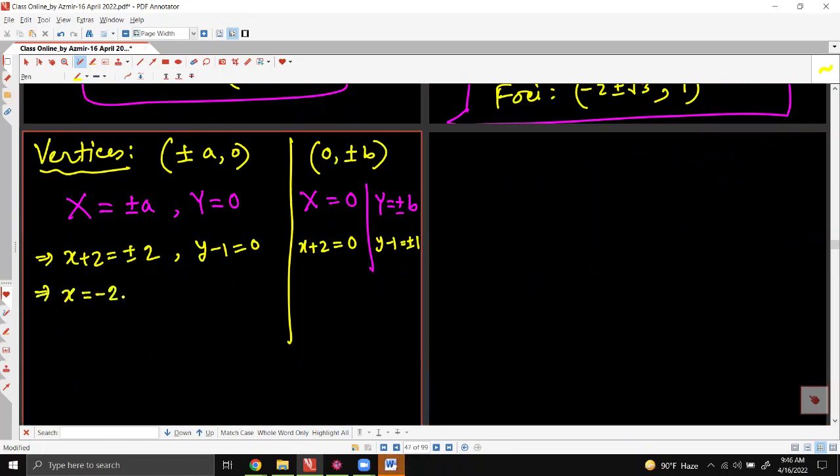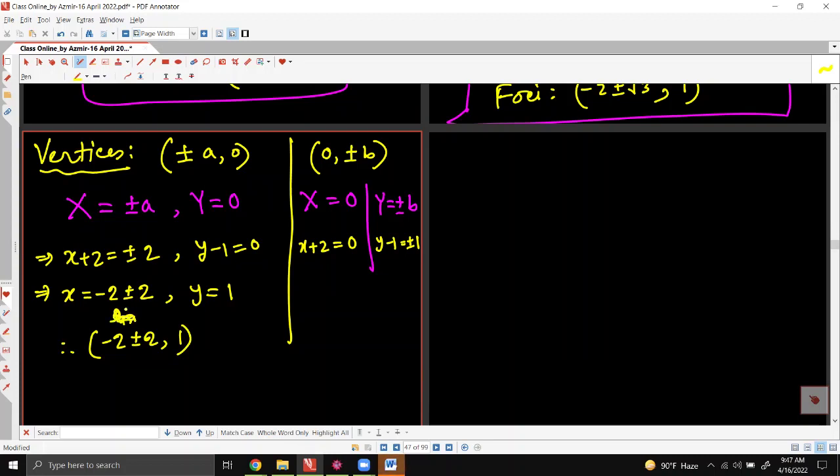X equals minus 2 plus minus 2, comma y equals 1. So if we take these points, we will have minus 2 plus minus 2, comma 1. That means if we take plus, it will be 0, 1. And if we take minus, we will get minus 4, comma 1.